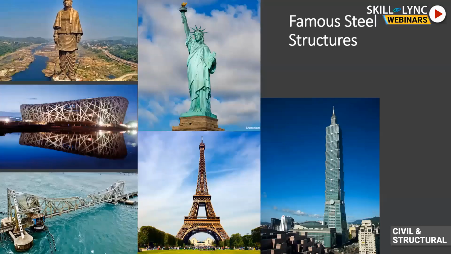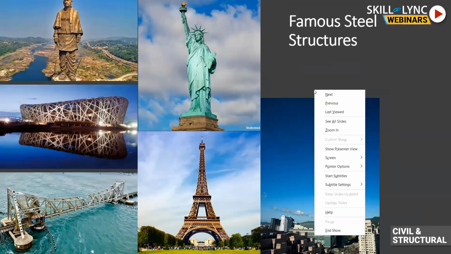Some of the famous steel structures that we have are the Sardar Vallabhbhai Patel statue or the Statue of Unity, and the Statue of Liberty. All these are primarily formed from a steel skeleton, and then they have copper facades. Then we have the Beijing National Stadium or the Bird's Nest Stadium, the Eiffel Tower, the Pamban Bridge, and the Taipei Tower.